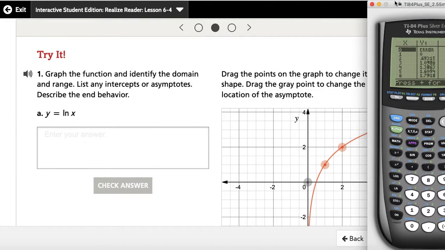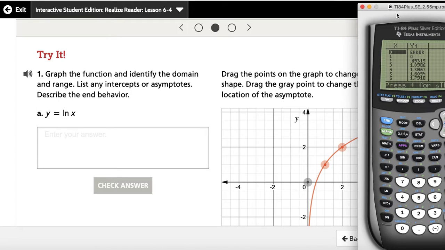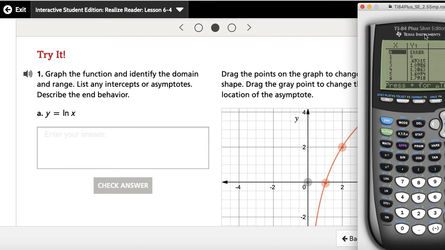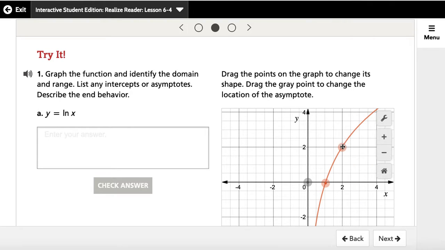At 0, it's undefined. There's an error. At 1, it goes through 0. And what's another number to pick? How about at 2, it goes through 0.69.